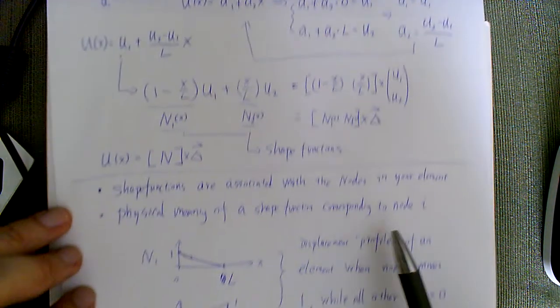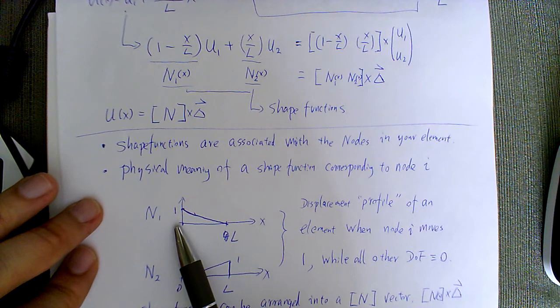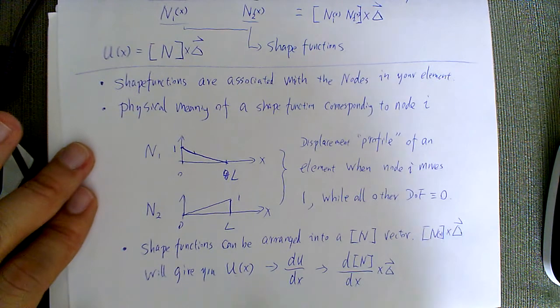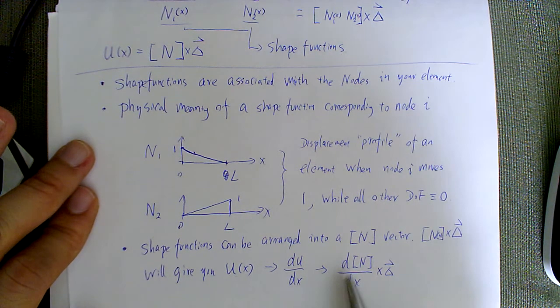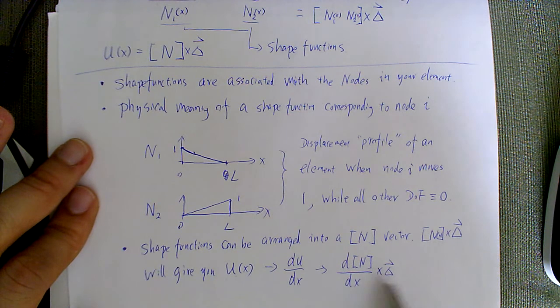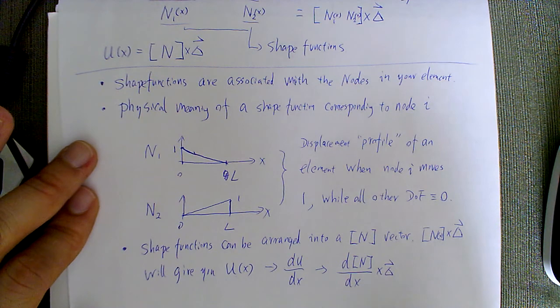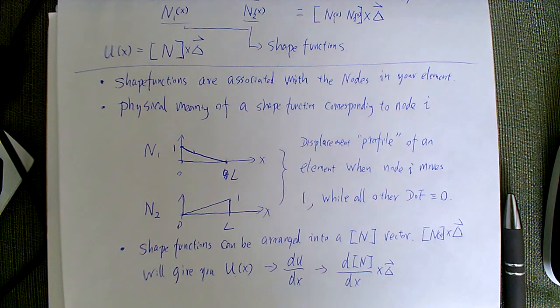And then finally, the physical meaning of shape function is simply: just let that degree of freedom move one and see what the deformation inside your element looks like. Then finally, when you take a differentiation of your displacement function, all you need to do is take the differentiation of your shape functions, times the displacement vector. That will never change. Alright, we'll see you next time.